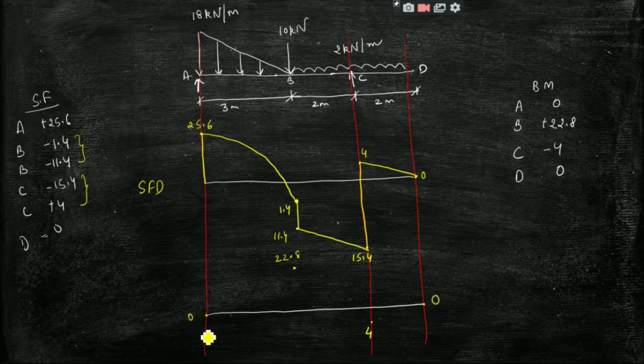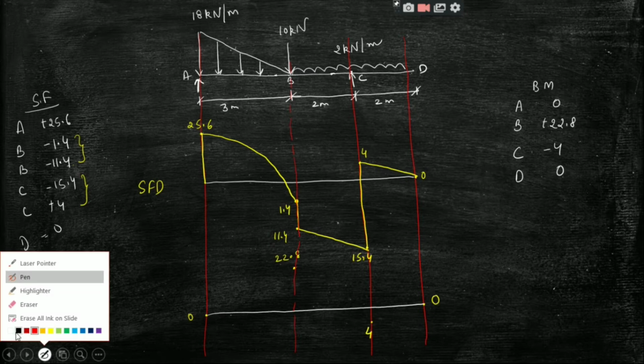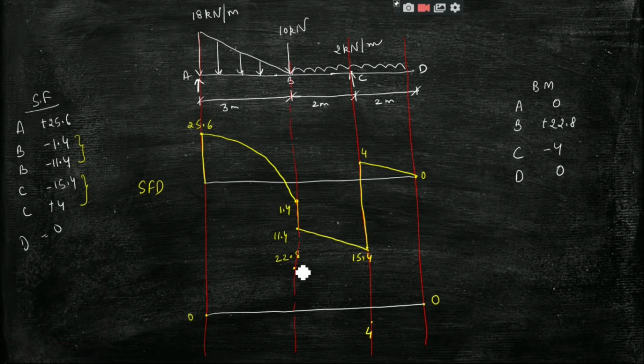So from 0 to this 22.8, below point B we have a UVL, so the bending moment values will be joined with the help of a cubic curve, right?